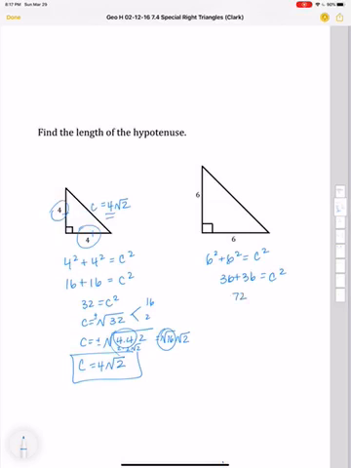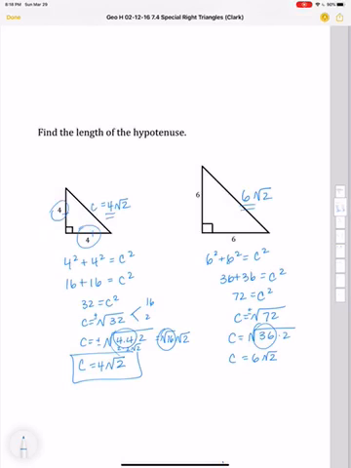That's 72 equals c squared. So c equals the square root of 72, plus or minus, but I know it's going to be positive because you can't have a negative length of a triangle. And so c equals the square root of 36 times 2. The square root of 36 is 6, so that's 6 root 2. Hey! It did happen.